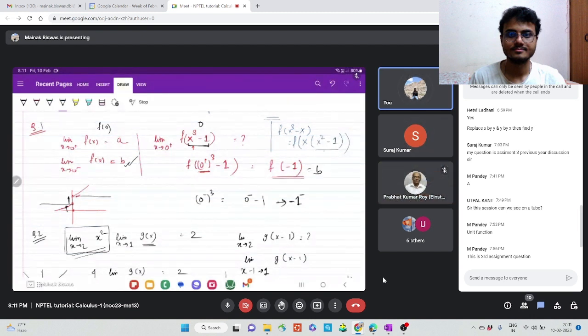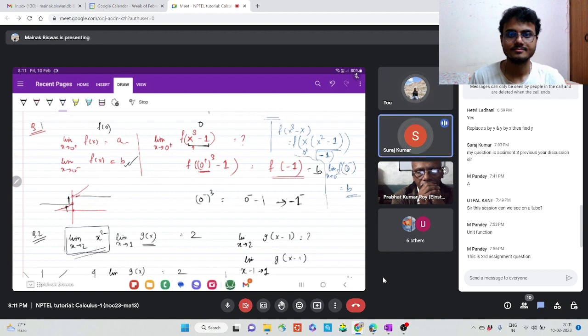This number is negative, right? So this is 0 plus and this is your 1 minus 1. So this would in turn be 0 minus. So this is your limit x tends to 0 minus, that is b. Do you understand?